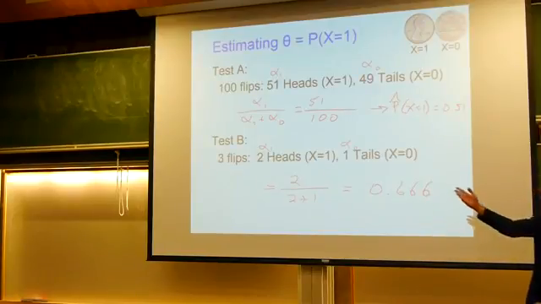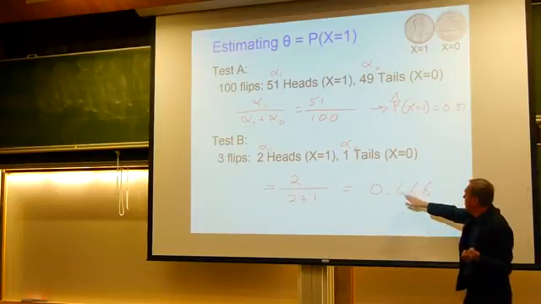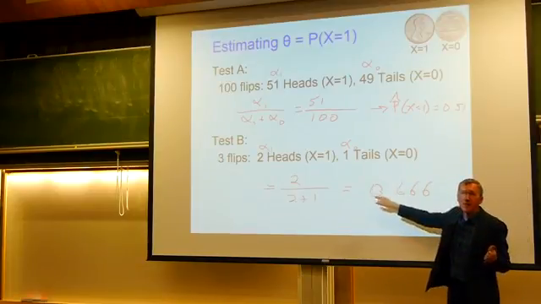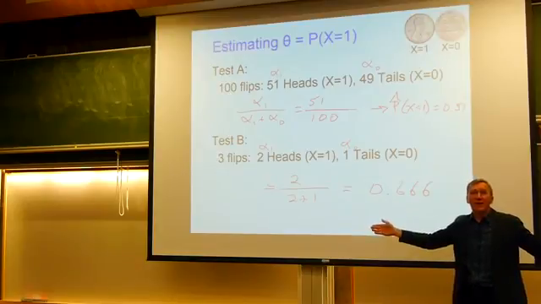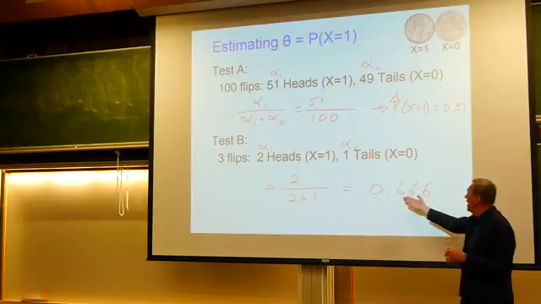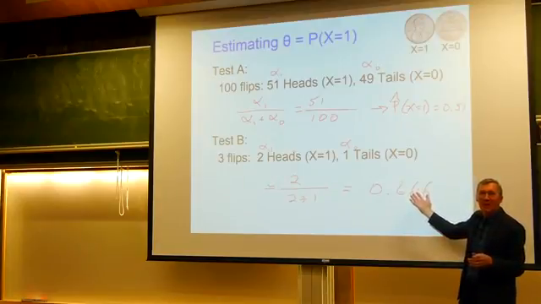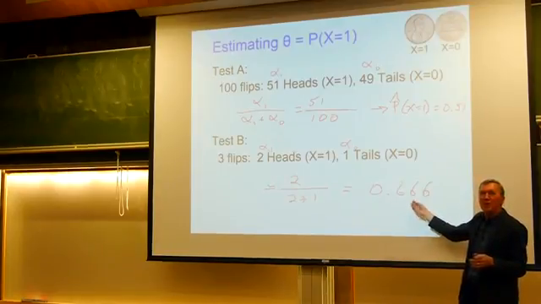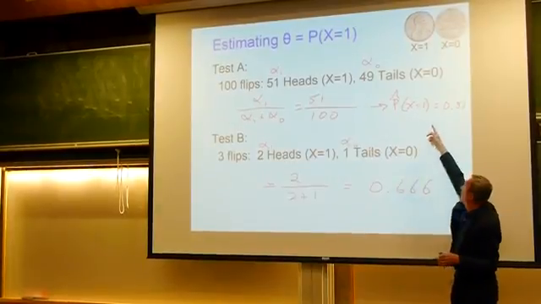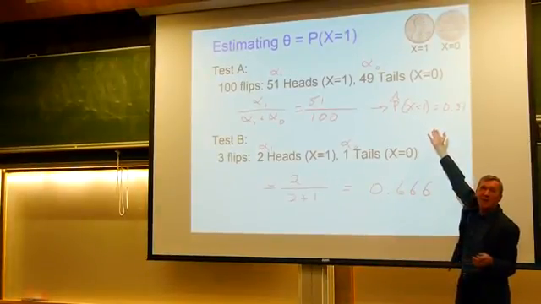I don't know. But if I had to put a confidence interval on this, I'd certainly put a much wider confidence interval, meaning I'm much less sure that this is a good estimate of my coin probability than this one, because this is based on a lot more training data.